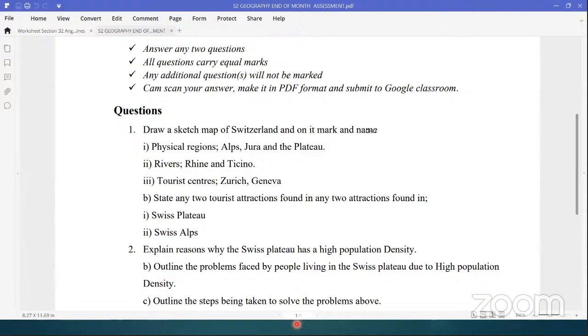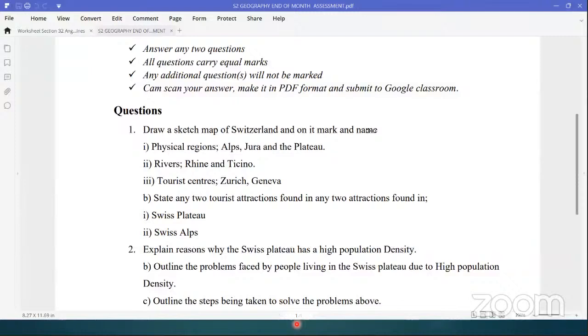And of course, with these industries, people come to look for employment or jobs. So when people are employed in those industries, this makes the population of the Swiss Plateau rise.